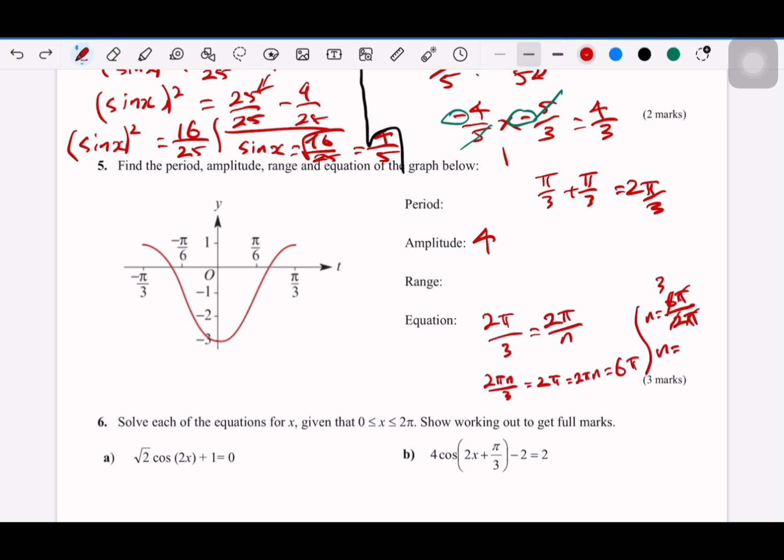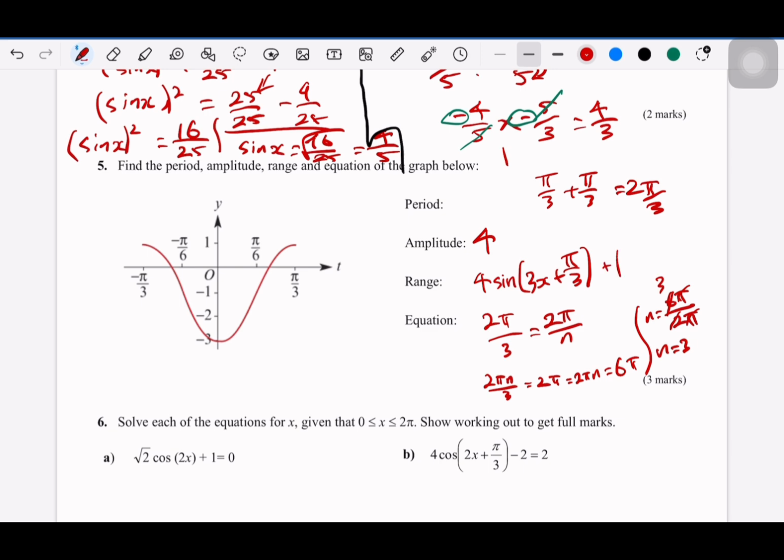And so the equation that we're going to get with this one is 4 sine (3x plus pi over 3) plus 1.